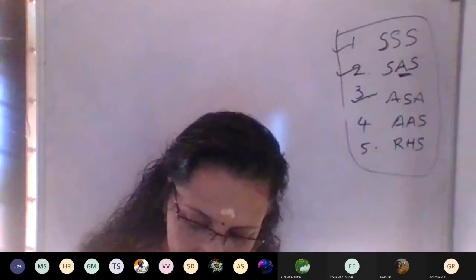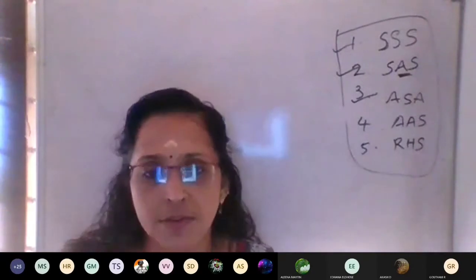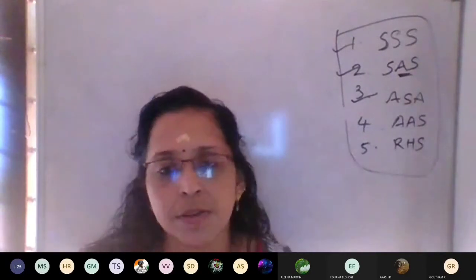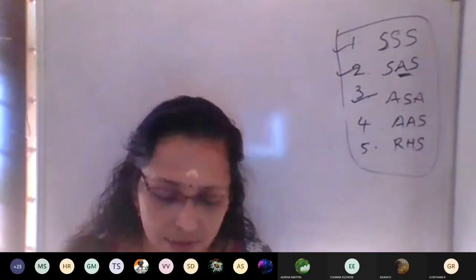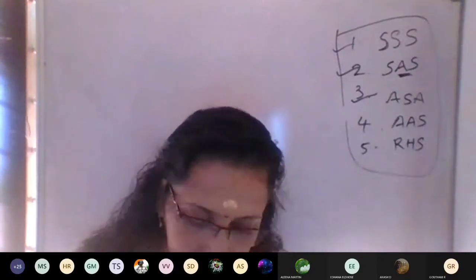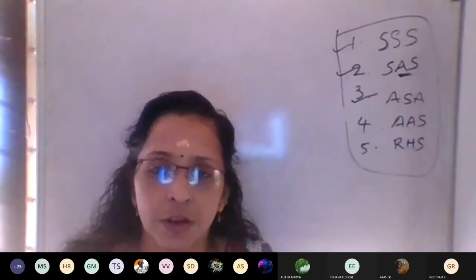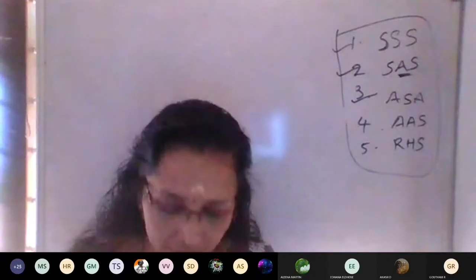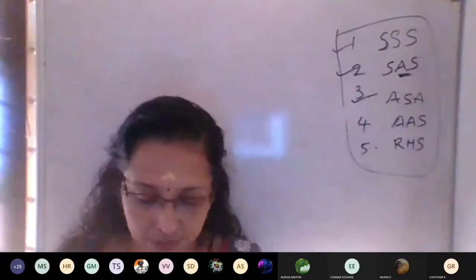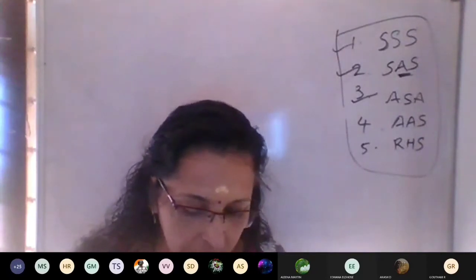If you write in detail, that sentence, if three sides of one triangle are equal to the three sides of another triangle, you can leave two pages. Otherwise, leave only one page, that is enough. Better you write that sentence also, then it will be easy for you next year. Better write in your note itself and keep it safe.